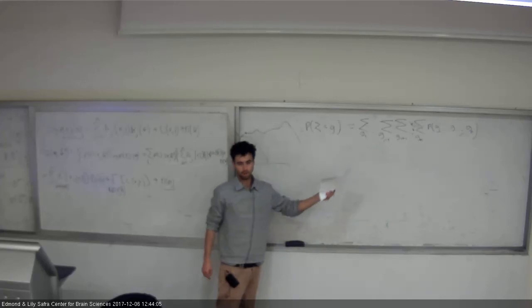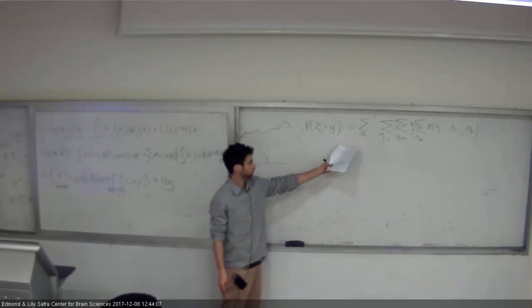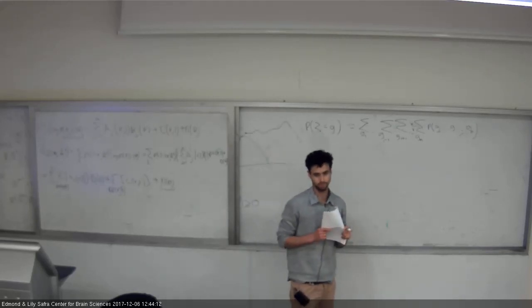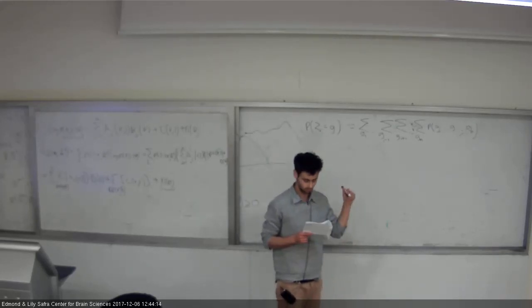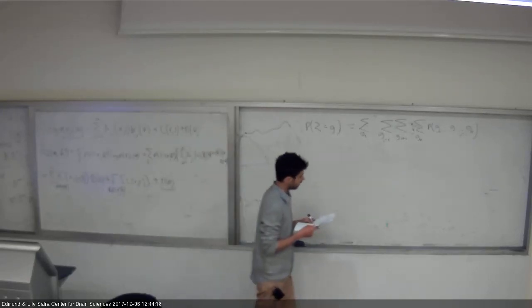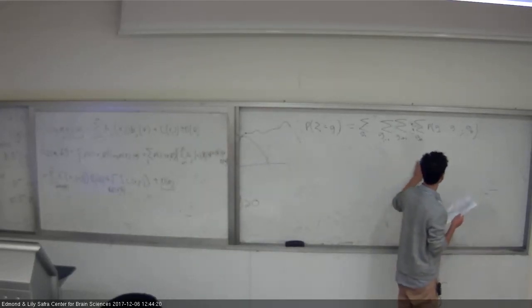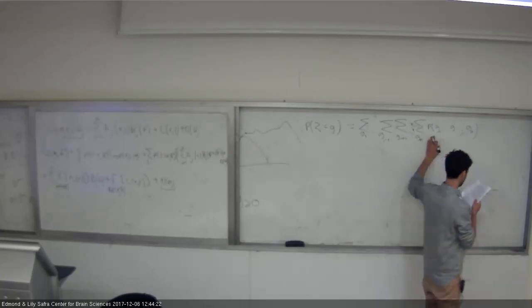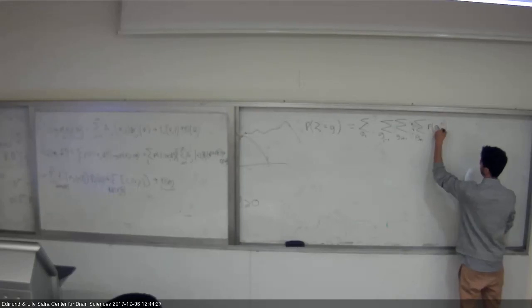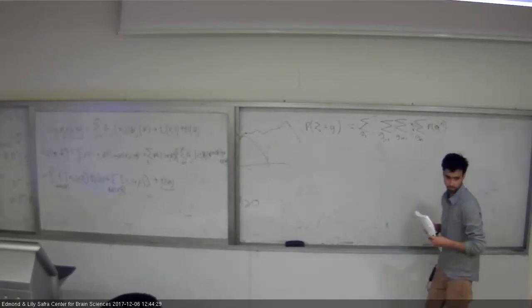We are marginalizing over all the components that are not the i component. This is always true, and we can also write it as P of jn. It's the same, just notation.